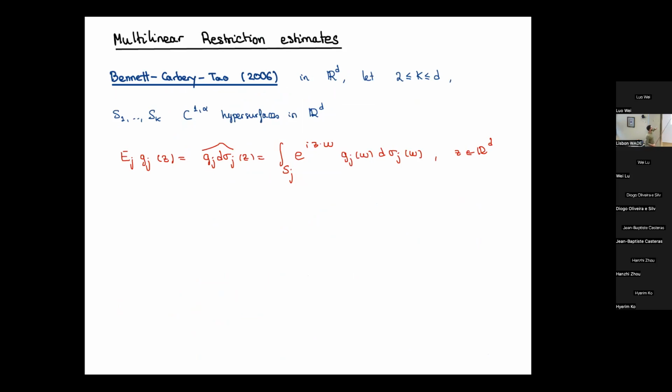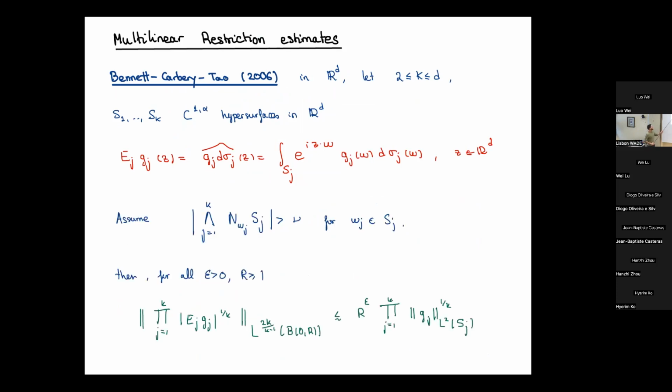For that, let me just go to this general framework of the Bennett-Carbery-Tao estimates. We take the Fourier extension operator adapted to hypersurfaces in R^d. And their theorem says that if we have hypersurfaces and we have the normals, they span, okay? If the normals span, then we have this multilinear estimate.